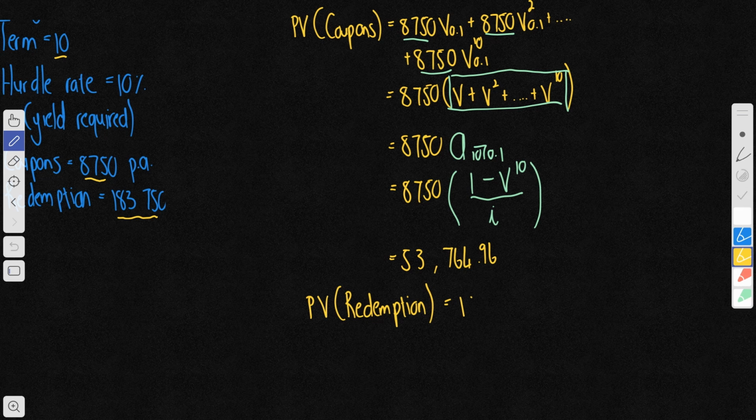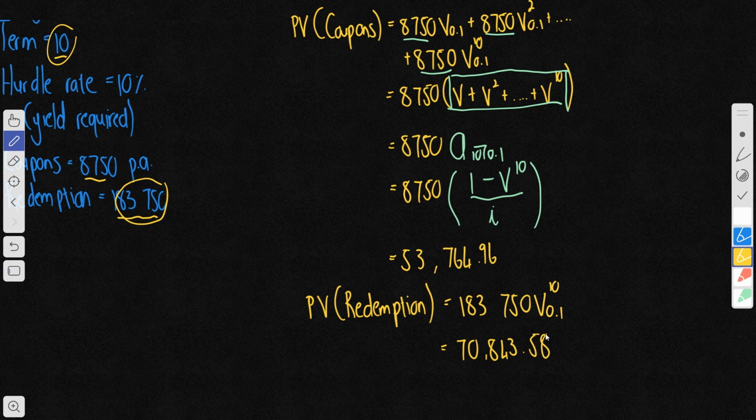The redemption payment being 183,750 discounted by the term of the bond, which is 10 years. Again, at the hurdle rate of 10%, and this works out as $70,843.58.